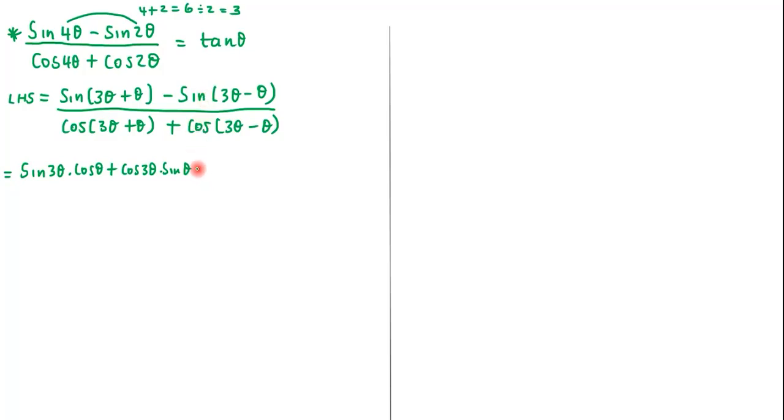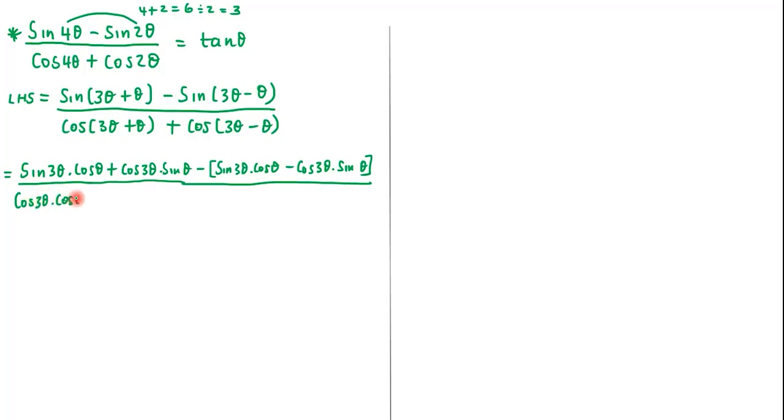Here we have minus, open bracket, sine 3 theta times cos theta minus cos 3 theta times sine theta, all over, and we're going to do the same thing here: cos 3 theta times cos theta minus sine 3 theta times sine theta, plus cos 3 theta times cos theta plus sine 3 theta times sine theta.